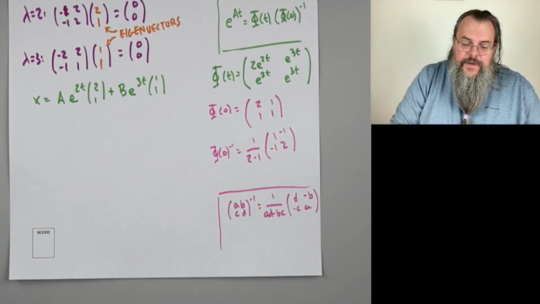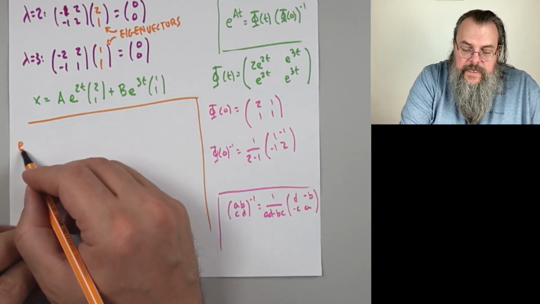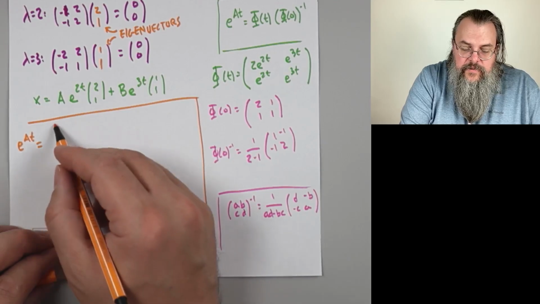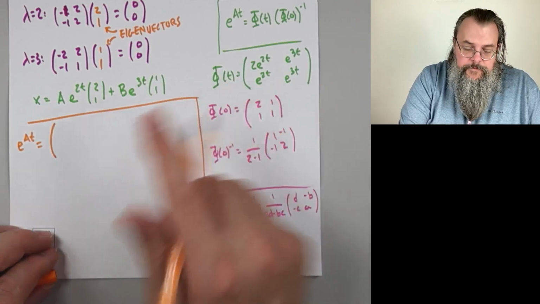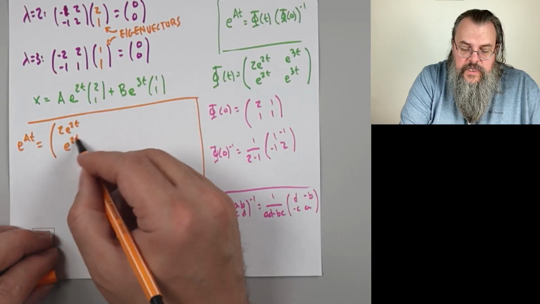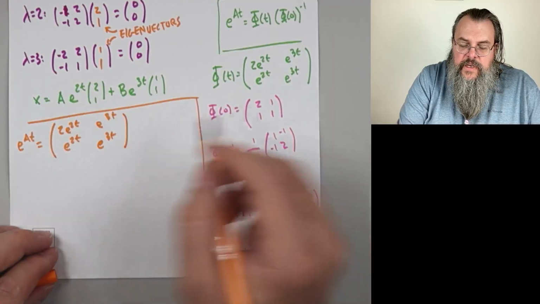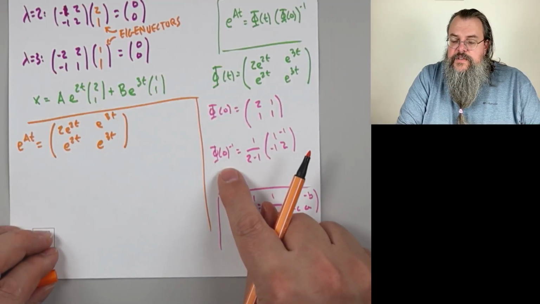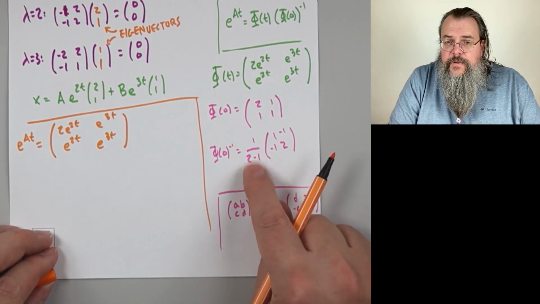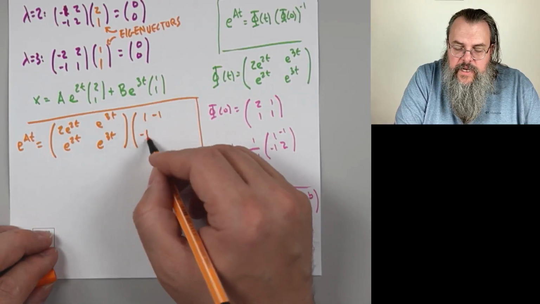All right, so here we go. Wrapping it up, we get the following. We have e to the at is, we write down our phi of t again. So 2e to the 2t, e to the 2t, e to the 3t, e to the 3t, times our phi 0 inverse. Of course, in the front we just have 1. So we're going to multiply that by 1, minus 1, minus 1, 2.